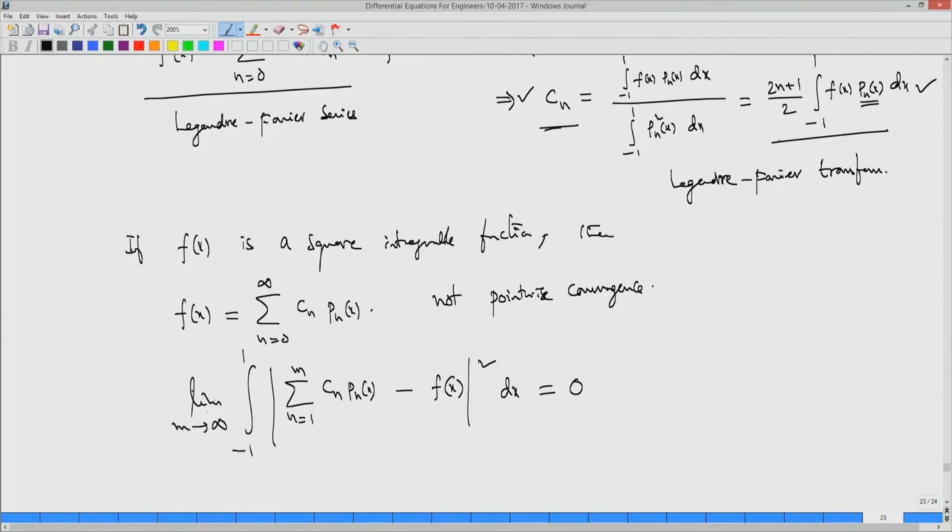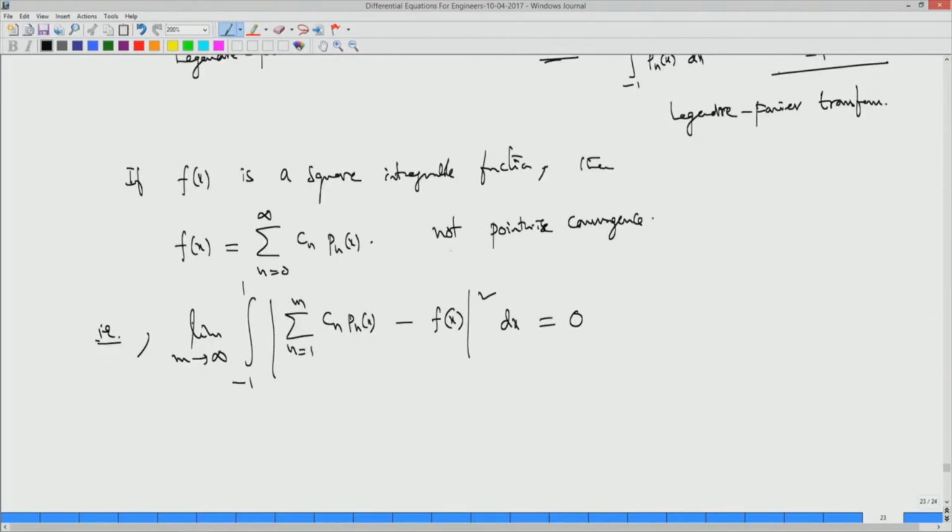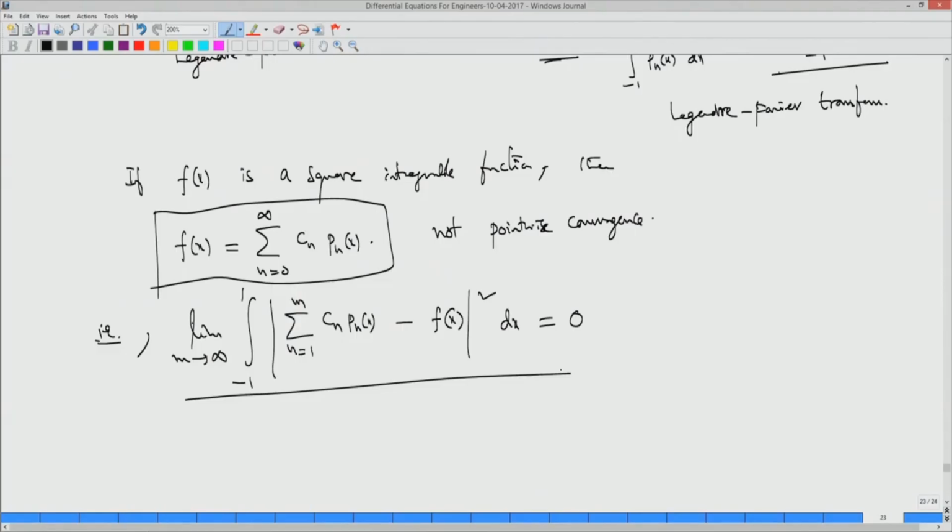That means in the square integrable sense, on an average this converges to f(x). So this convergence is different. It is called square integrable convergence. It does not mean you fix your x and then see that the number series converges to that particular value. So you need not worry.